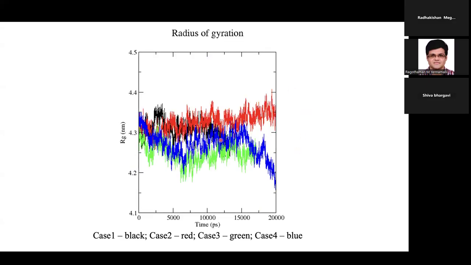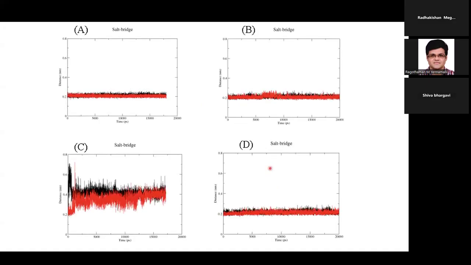So the radius of gyration is not the same. It shows that the molecule is bending, which means it's curving, which means there is a hinge motion happening, because of which the dimer is trying to bend itself. Okay, maybe it is bending and then releasing it out into the trimer.